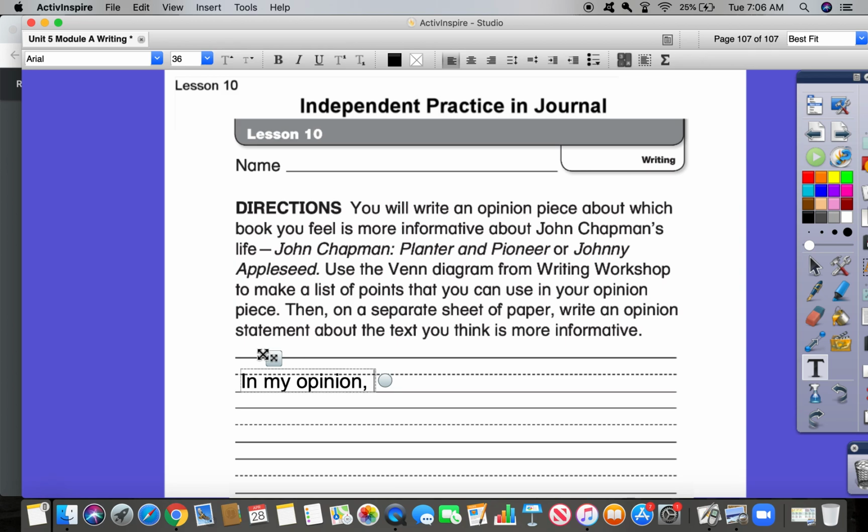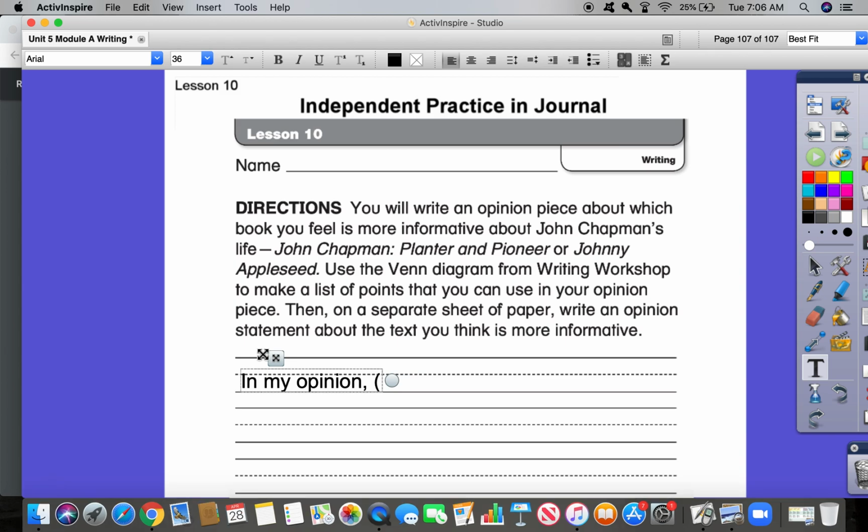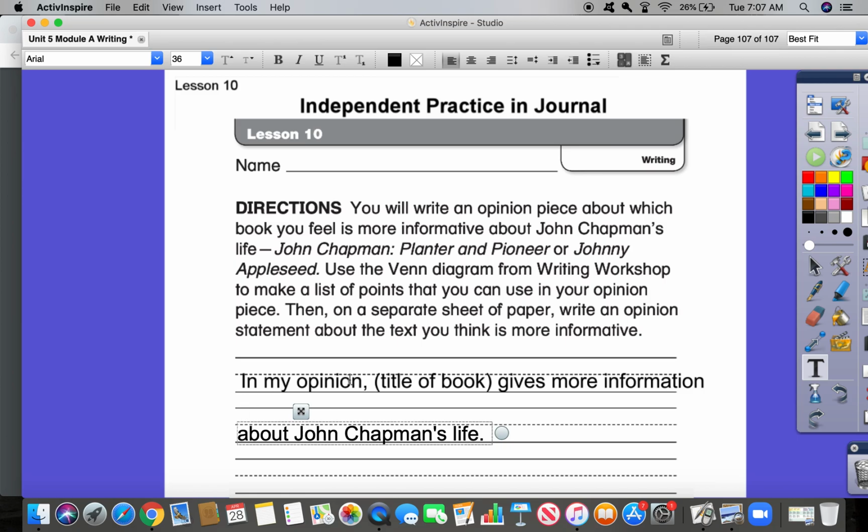So I'm going to leave that up to you if you think it's John Chapman, planter and pioneer, or Johnny Appleseed. So in parentheses, I'm just going to put title of book gives more information about John Chapman's life. Okay, so that would be a start.